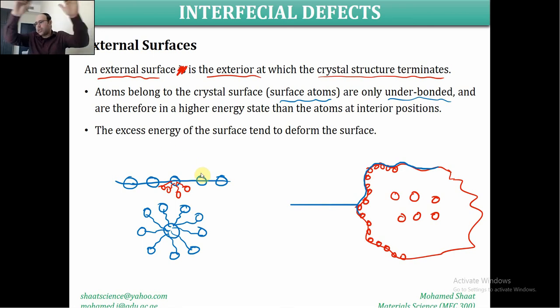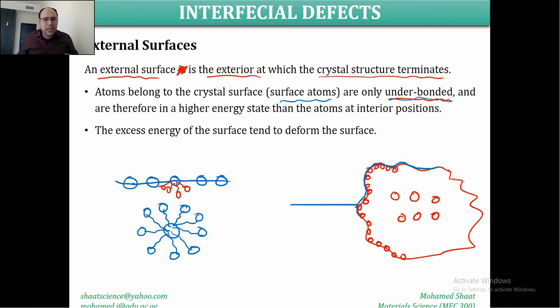These are the external atoms and nothing more. So this means that these atoms located over the surface are underbonded. What does underbonded mean? Under coordinated, or under connected to the atoms below. But there is no bonding above this atom, above this surface.